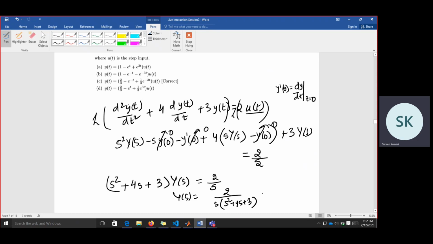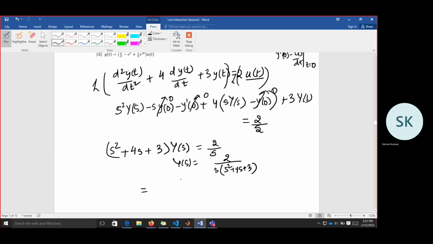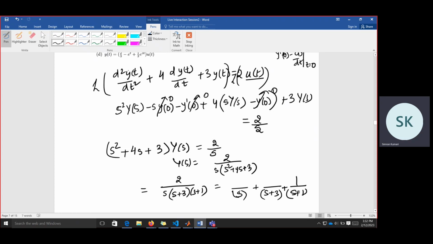Now what do we have to do? We have to split this one. Is this splitting correct? So if you multiply by s square plus 4s plus 3, fine. Now how do we add so that this is equal to 2?